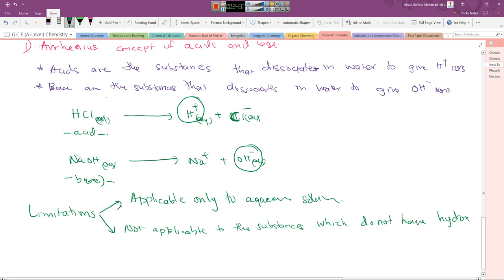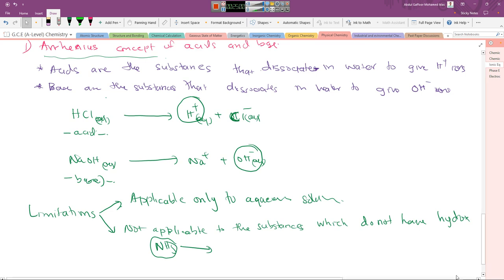For example, if you take ammonia, we do not have any OH group, right? So we cannot tell whether ammonia is an acid or a base using this Arrhenius concept. This is why another definition was developed, called the Bronsted-Lowry definition, right?